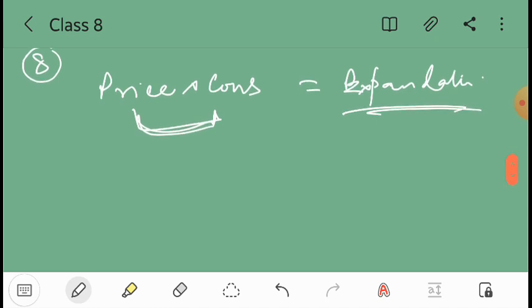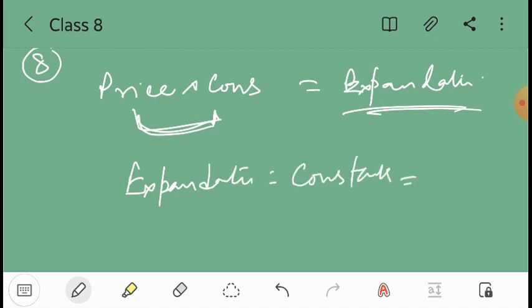This is a very tough concept, so you need to know about it very carefully. Expenditure here is equal to constant. I consider this constant, equal to k.